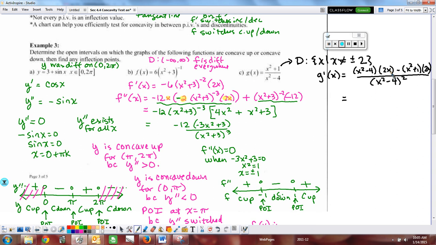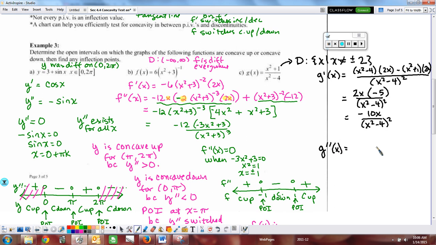I can factor out a 2x. I'm left with x squared minus x squared, which will go away, and negative 4 minus 1, which is negative 5, over x squared minus 4 squared, which is going to end up being negative 10x over x squared minus 4 squared. So now we're going to take the second derivative using the quotient rule again.